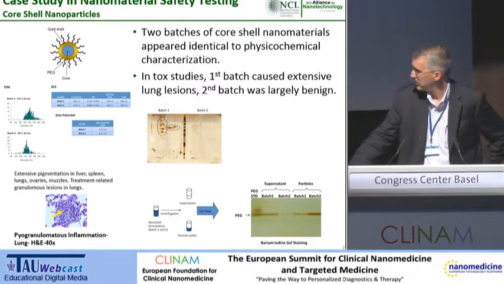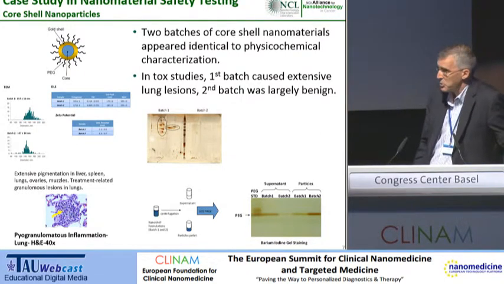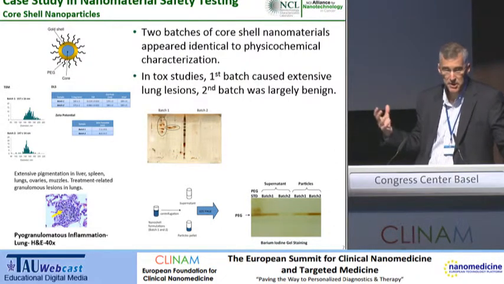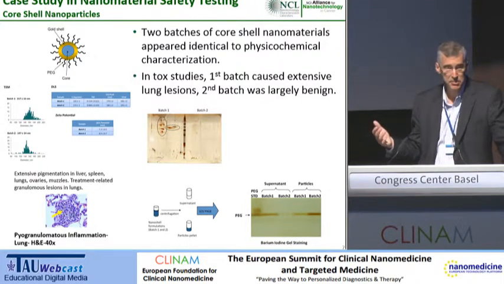If you look at batch 1 versus batch 2, as far as the supernatant, which would be the free PEG in solution, the PEG that has come off of the particle, there's far more PEG in the supernatant of batch 1 than there is in batch 2, whereas for batch 2, the majority of the PEG is still on the surface. The company was then able to use this as a QA/QC method for lot release criteria.